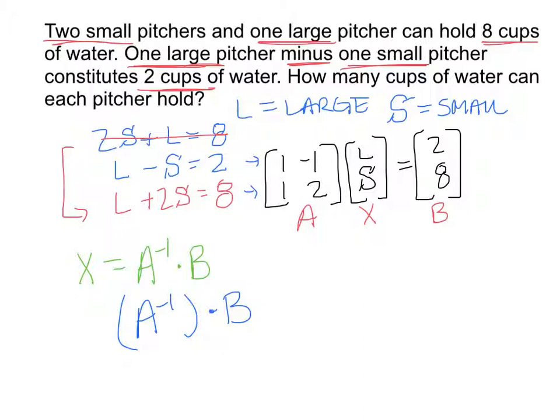Either way, no matter what you do, you're going to end up with a matrix that looks like a 2 by 2 matrix. And when I did this, I ended up with 4 large and 2 small as my solution. Since in the original setup I had large in the top entry, that means large is 4 cups of water.